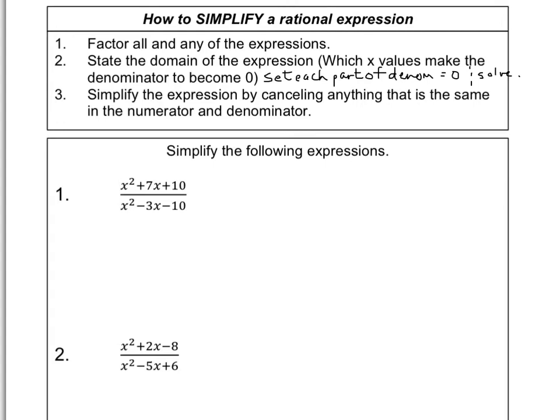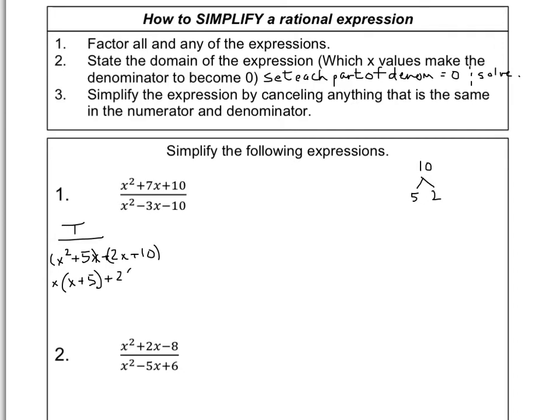So I need to find factors of 10 that add to 7, and that is 5 and 2. So on the top, I've got x squared plus 5x plus 2x plus 10. If I factor that out, I'm going to end up with an x out here and an x plus 5 left over.